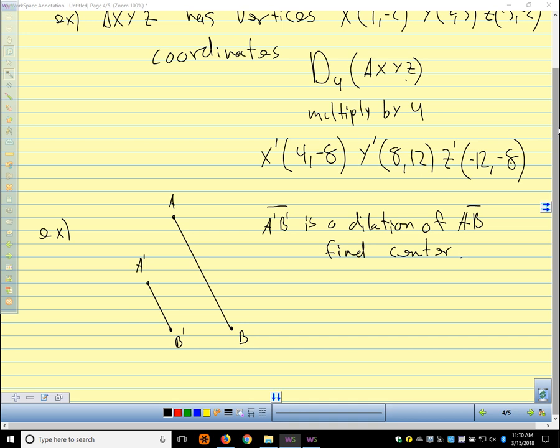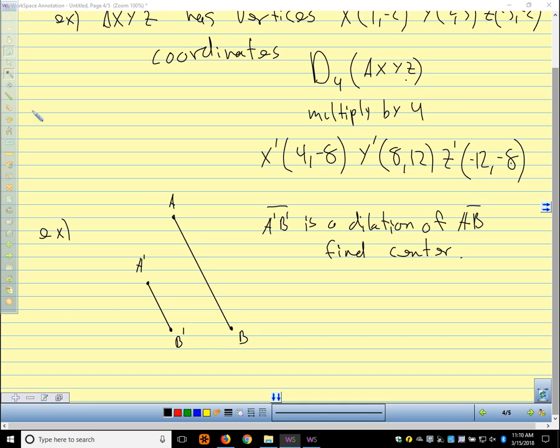Could we try to subtract the line of A prime and B prime from line AB? Kind of, sort of, that's what we do. But remember that the center, A and A prime are all on the same ray, right?